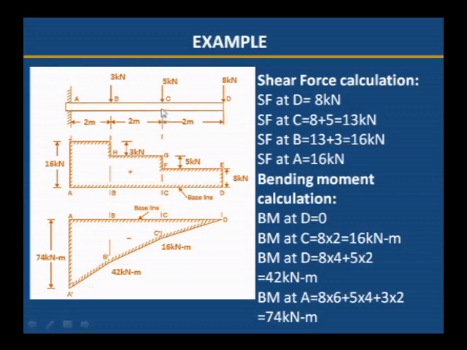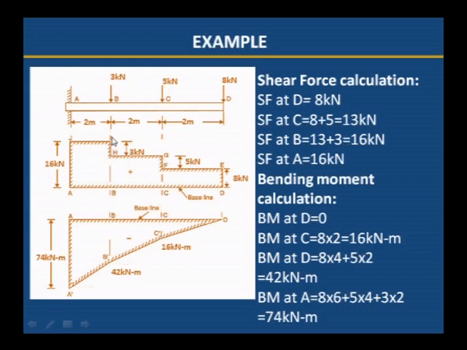Next at C we have to draw the 5 kilonewton extra, that is 8 plus another 5 is added. A 5 kilonewton drop is there at C. 8 plus 5, total shear force at C is 13, but there is a drop equal to the point load of 5 kilonewton. Then again from C to B no load is added, therefore it is a horizontal line.